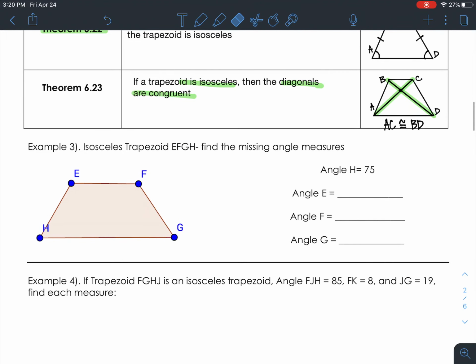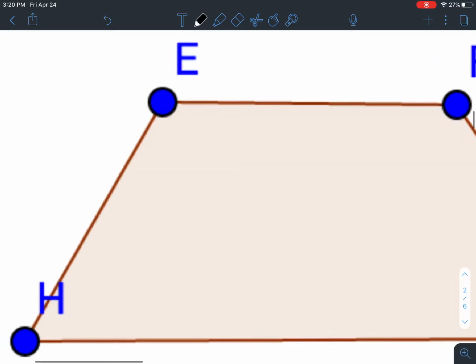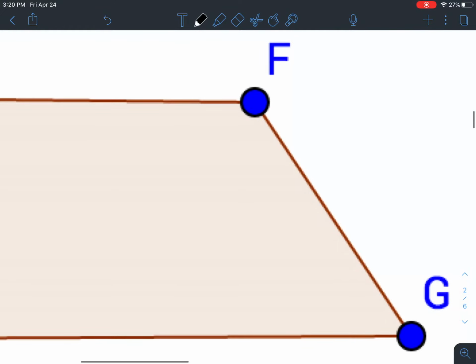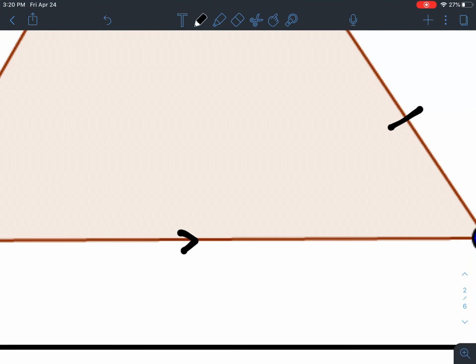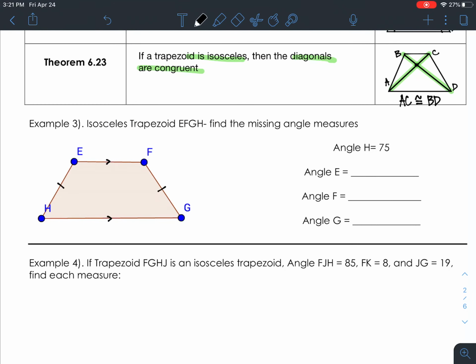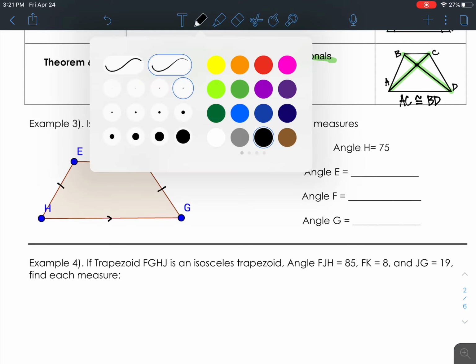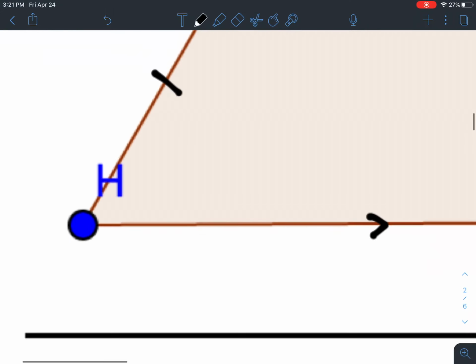So we're going to apply it from this point on, and I'm going to start with example 3. Example 3 says you have isosceles trapezoid EFGH. Find the missing angle measures. We are given that EH is congruent to FG, our bases are EF and HG, and we are given that angle H is 75 degrees.